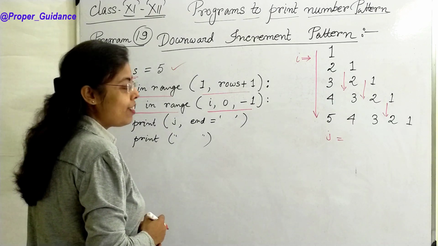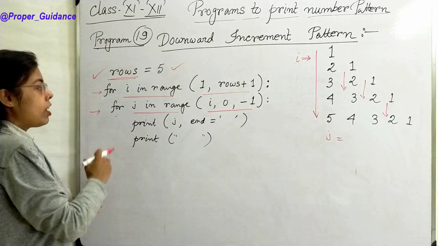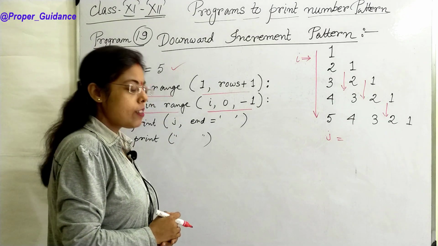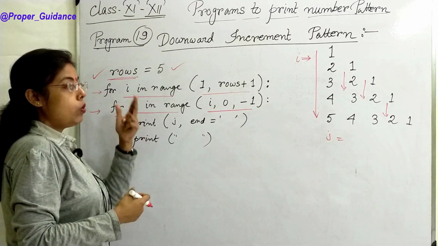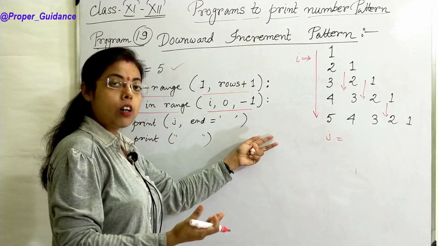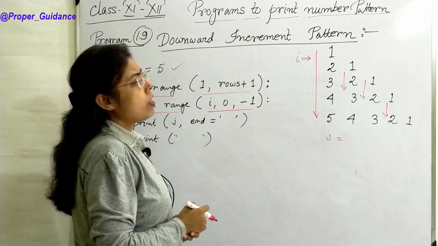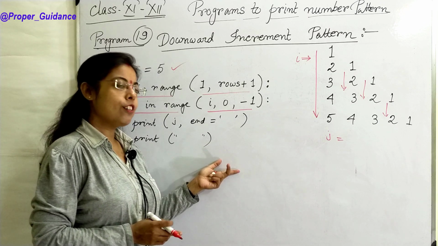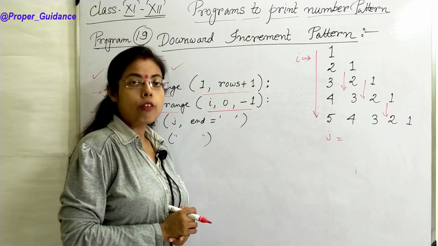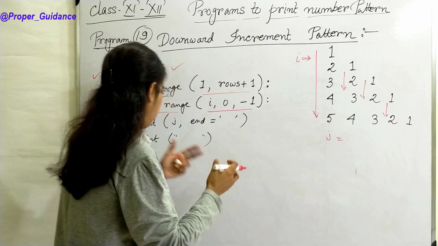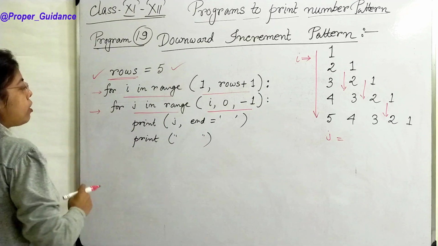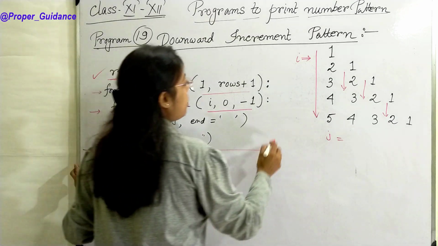But today's learning is about how the program code actually works. This is the only thing we have to learn: how this program actually works, what is the logic behind the program. Because each and every program you can get on the internet very easily, but you have to clear your logic first. And what is the programming logic behind this code?